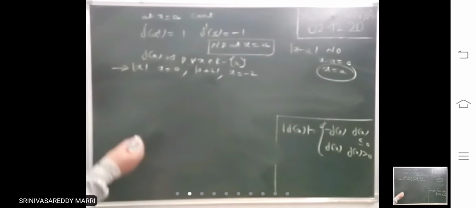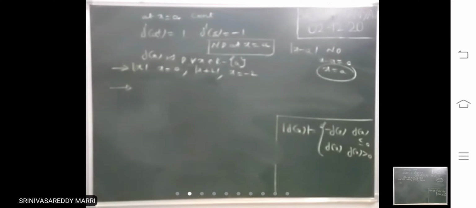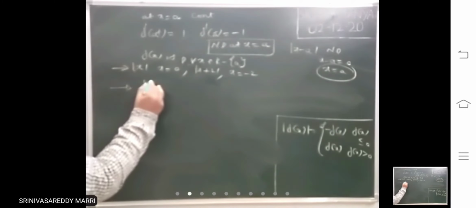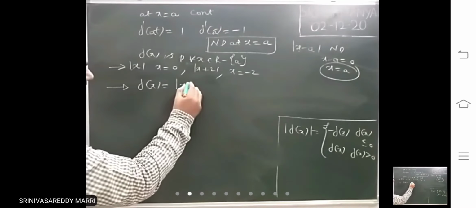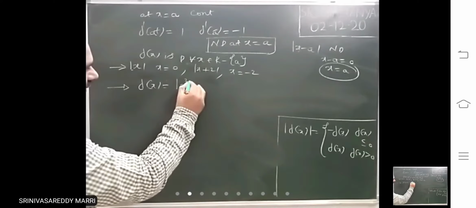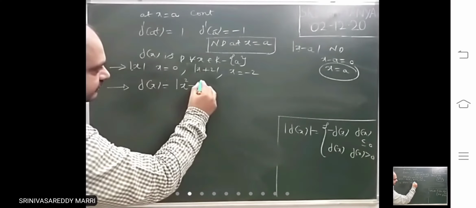Suppose you got the function like this: f of x equals modulus of x square minus 4.